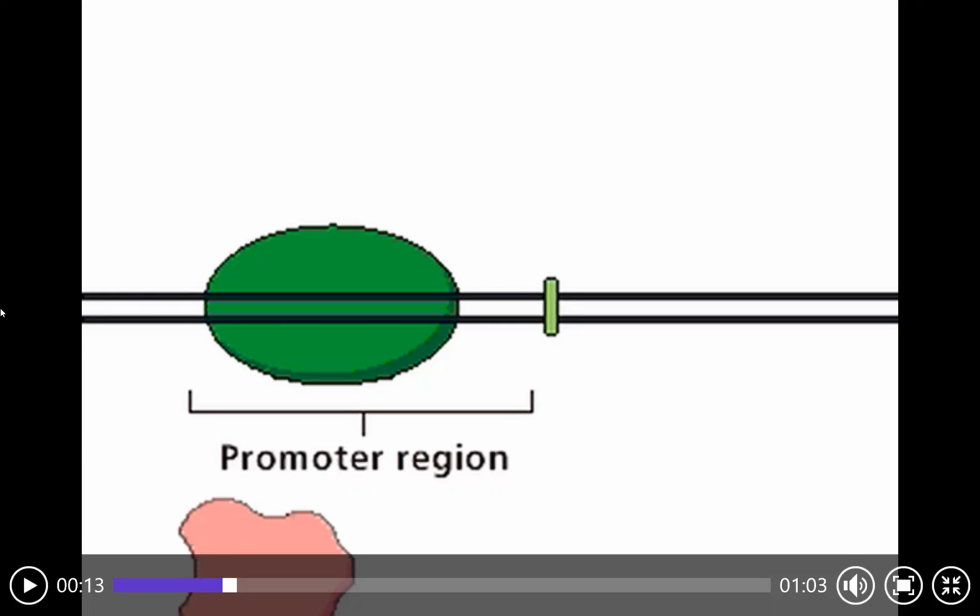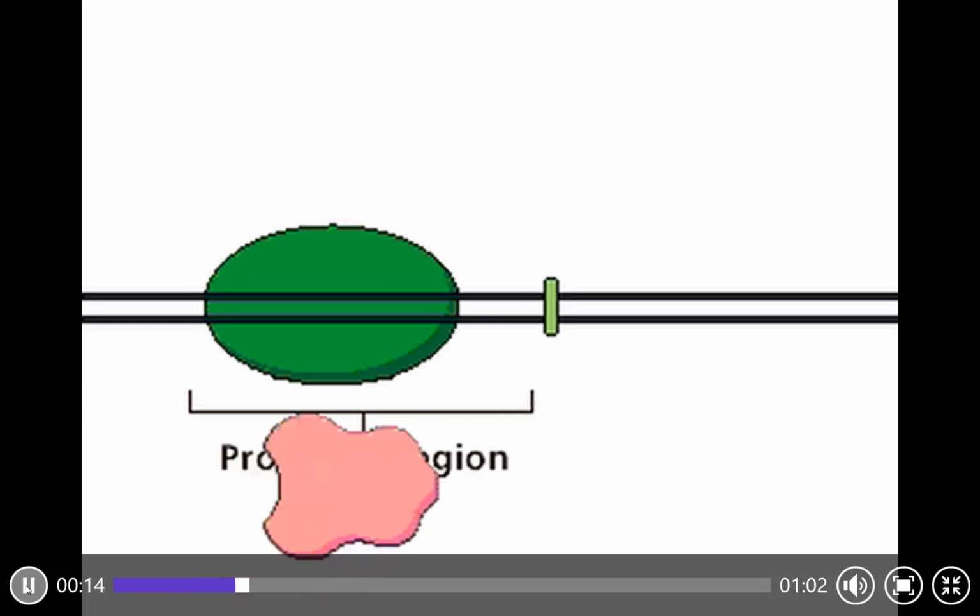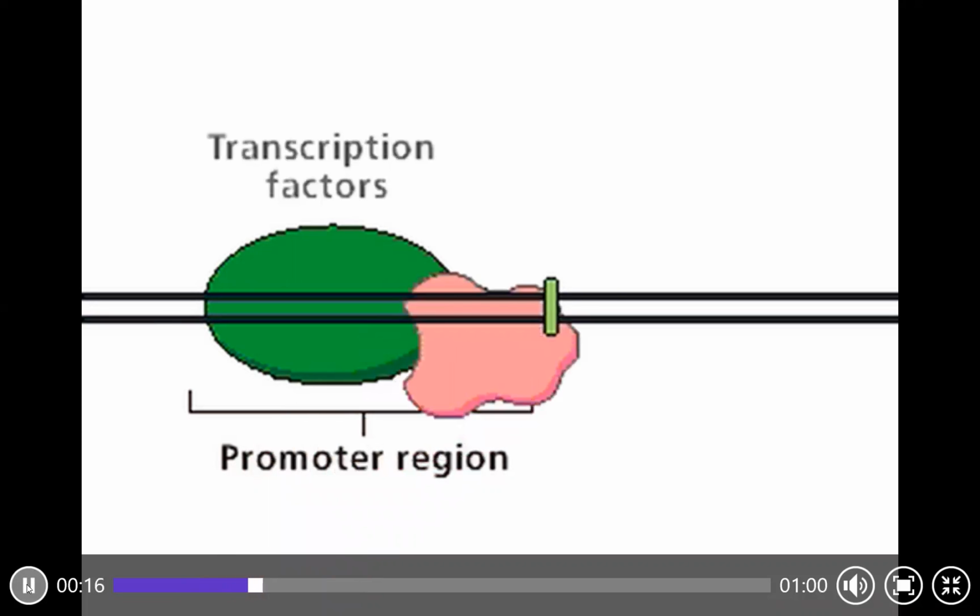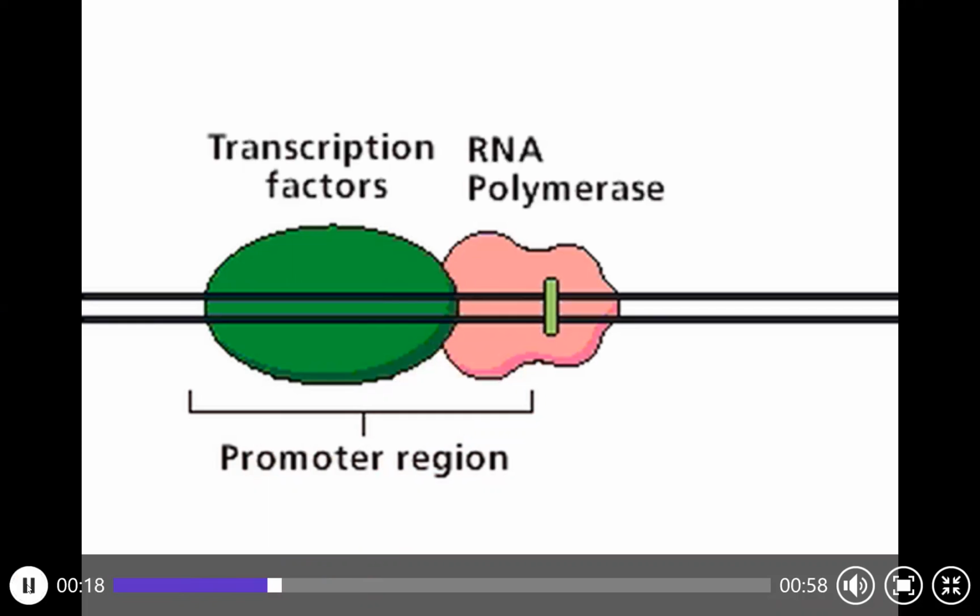It's a stretch of nucleotides, of sequences that instruct a specific enzyme, which is this one here in pink, called RNA polymerase, okay? So RNA polymerase is going to look for a stretch of DNA in the promoter region, and it's going to use that as a way to identify where to start copying the genes.